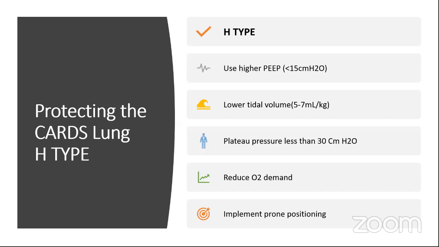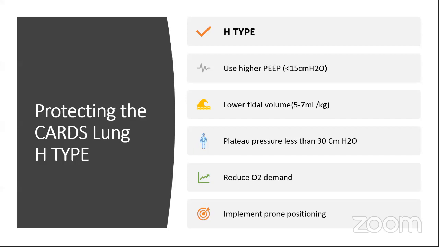H type, if you remember again, means this is typical ARDS, where the compliance of the lung is very poor. So we have room for recruitment. Those patients get low tidal volume of 4 to 6 ml per kg, and you keep the plateau pressure target less than 30. Then you can use higher PEEP, usually from 10 to 15 centimeters of water. If he's not responding, you can put your patient in prone position.